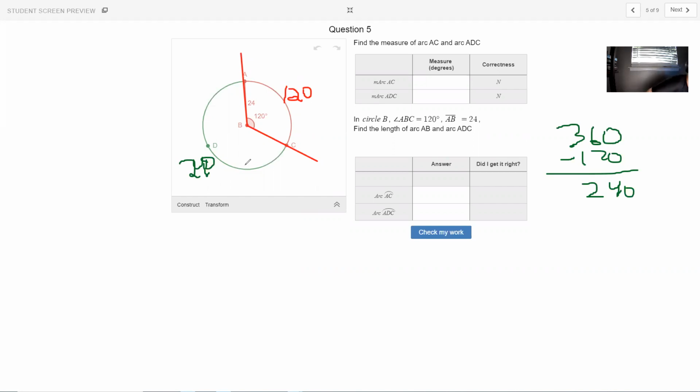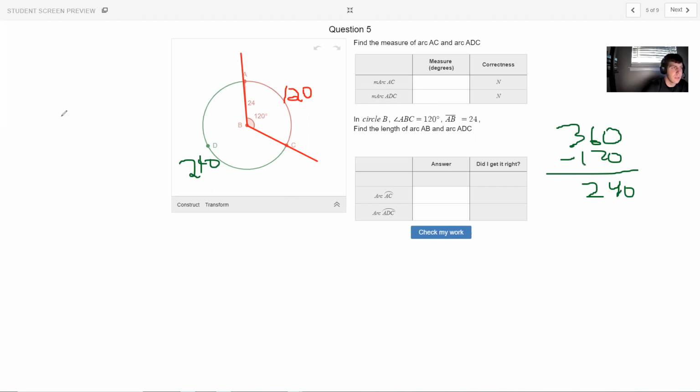So we know the measure of arc ADC there is 240 degrees. Okay, and then we can use the arc length formula. So that's the measures of the arcs. They're 120 degrees and 240 degrees. Now we can use our arc length formula to solve for the lengths of the arcs.